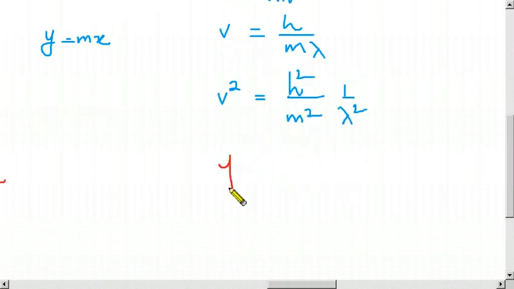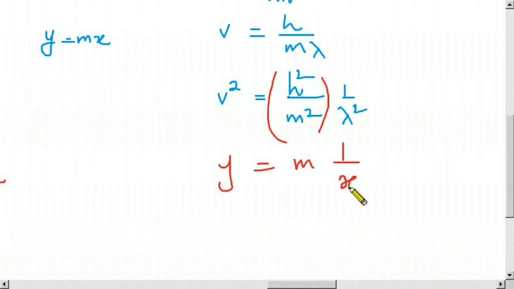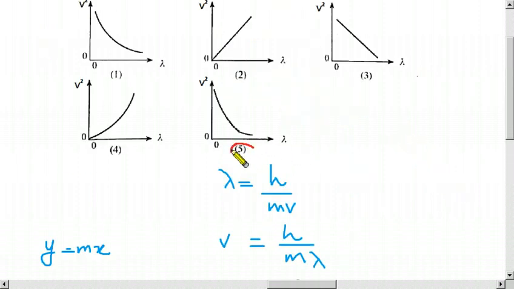This term is constant, so y equals m times 1 over x squared. 1 over x squared has a deep steepness like this. So this one is the answer.